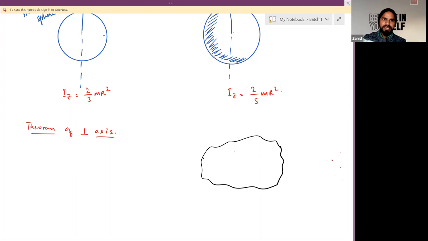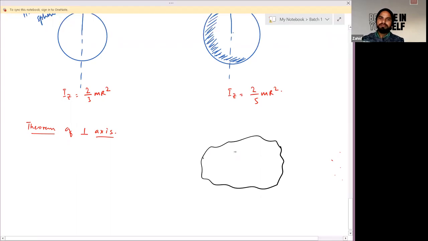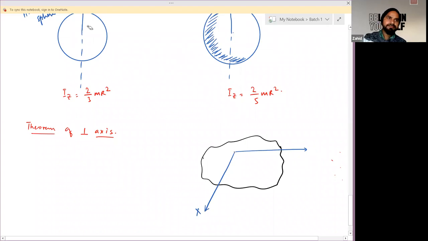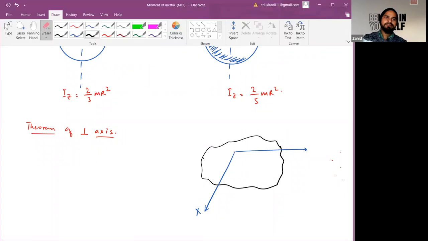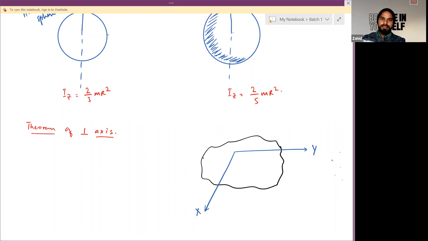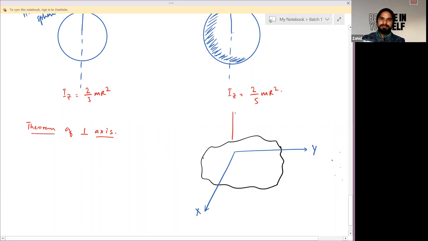Now, there will be two different axes. Let's say this is the x-axis, and this is the y-axis, and this is the z-axis. Is it clear?